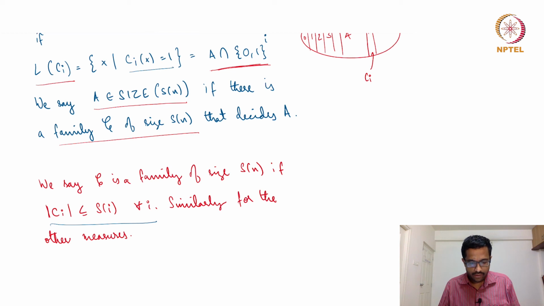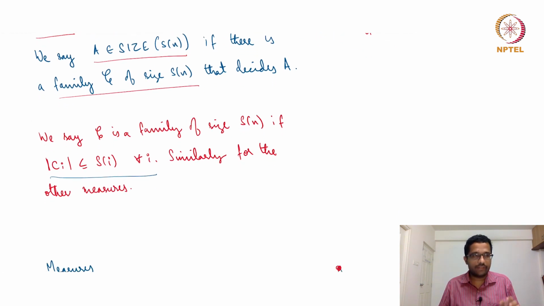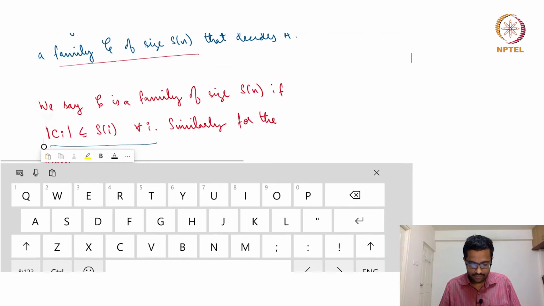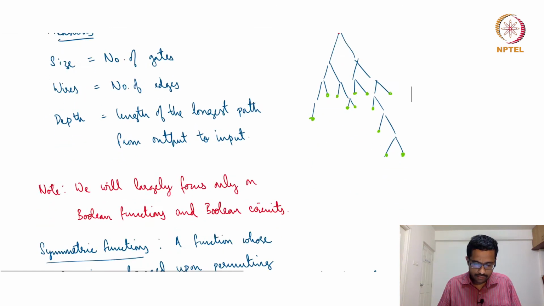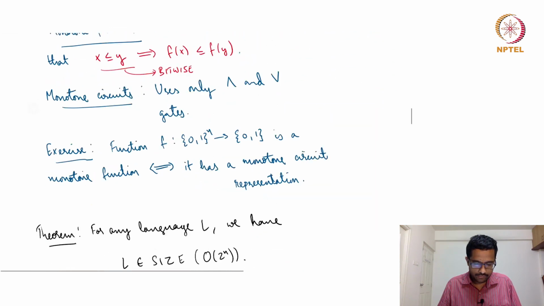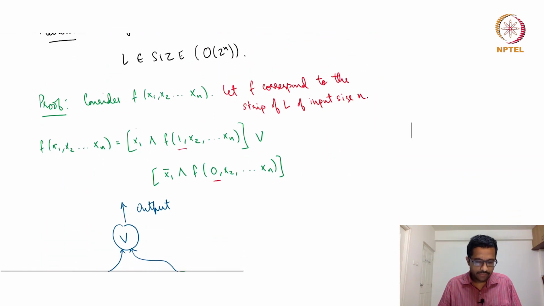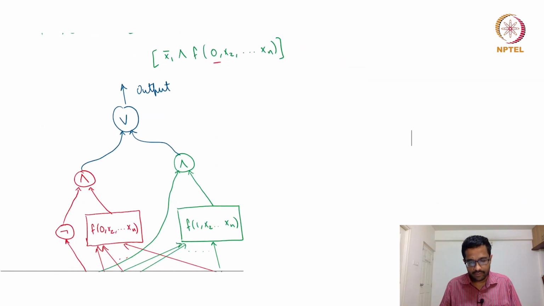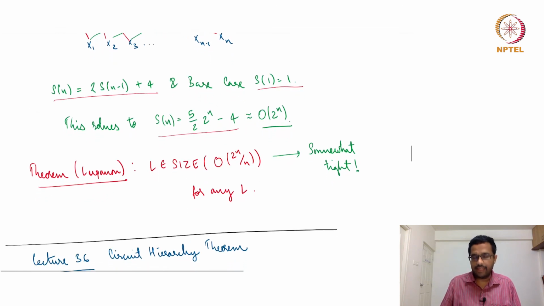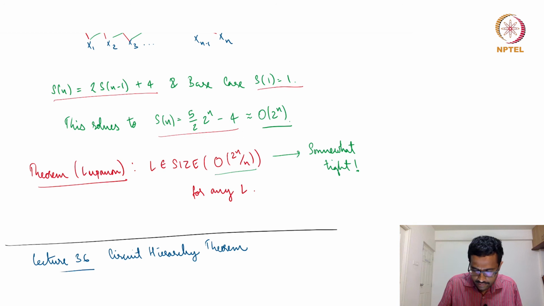We also saw that we need a family of circuits to decide a certain language. We saw the definition of what we mean when we say the family has a certain size or a certain depth. And then we saw this theorem that said that any language has an order 2 power n size circuit, and we also stated that any language has an order 2 power n divided by n size circuit, but did not prove it.